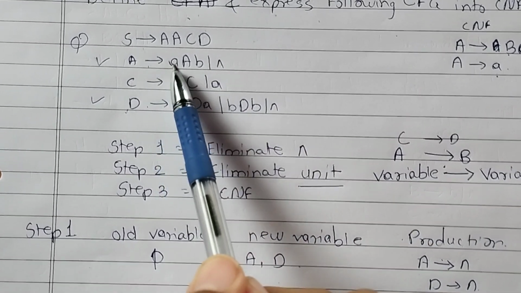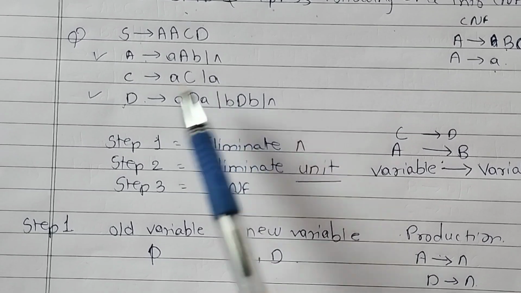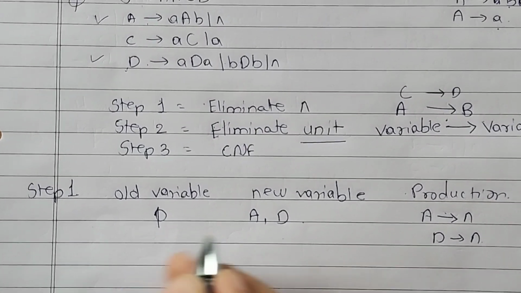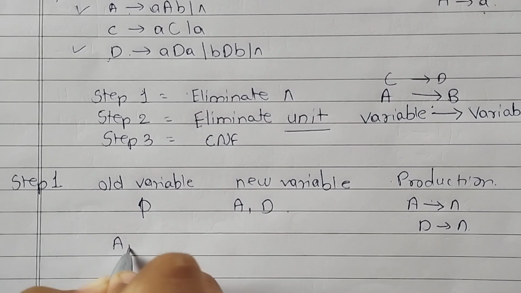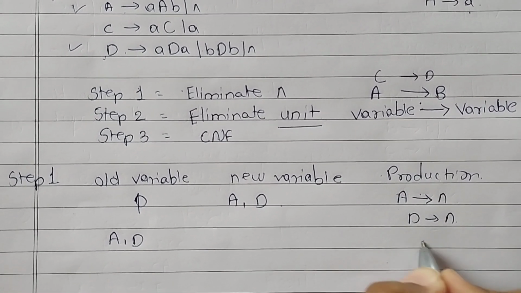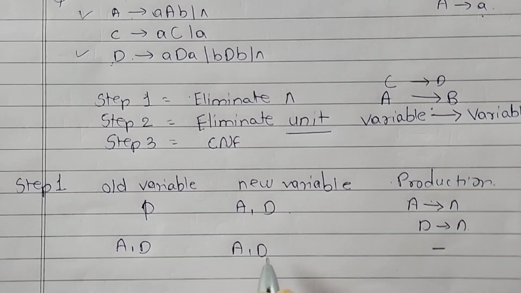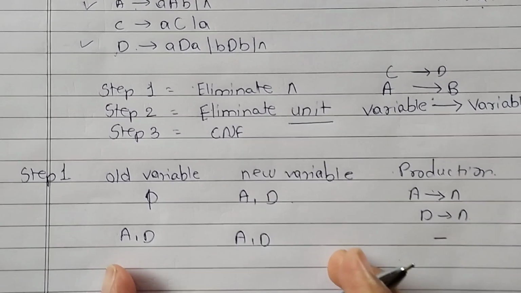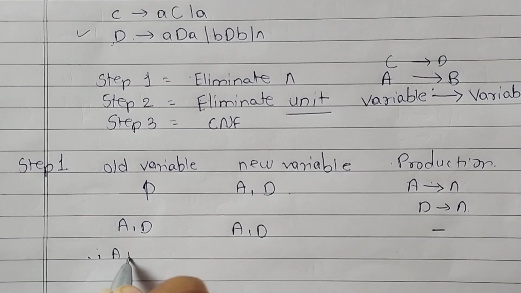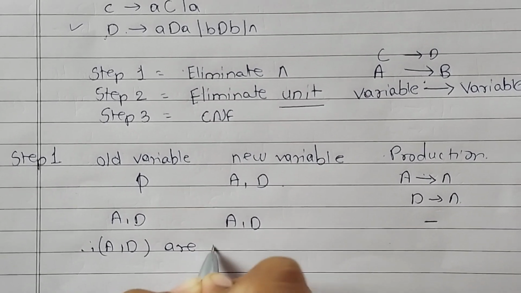Then this A is nullable and C is not from any null value, and D is previously null. So let's assume this AD as an old variable, and our production is now not from any null value. So the new variable is also our AD. So this AD is equal. Then we say that A and D are nullable values.